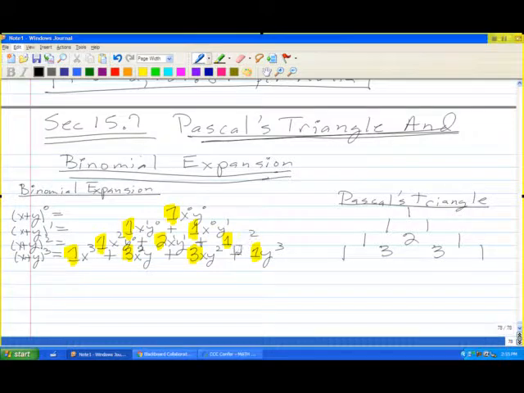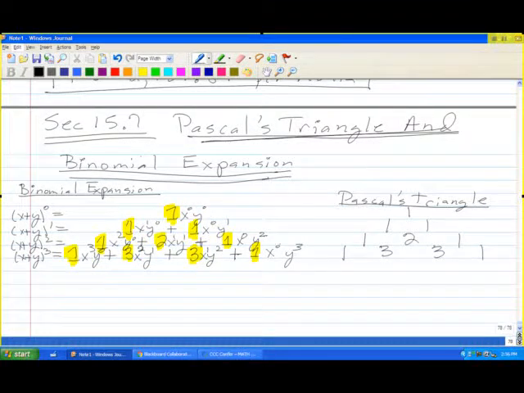Oh, I guess I need an x to the 0. y squared. x cubed, then y to the 0, y to the first, x to the first, and so that's a y cubed term here. Let me write the x to the 0.